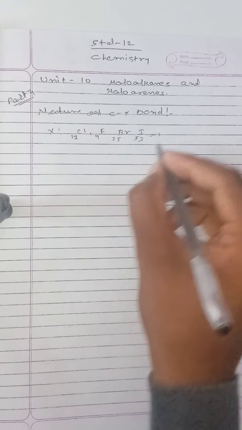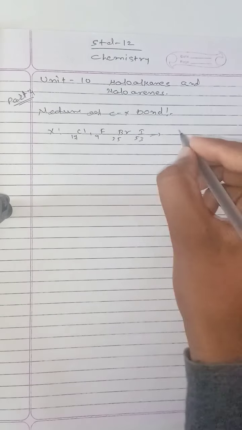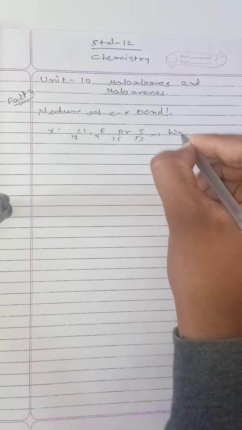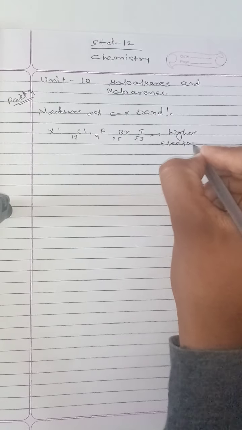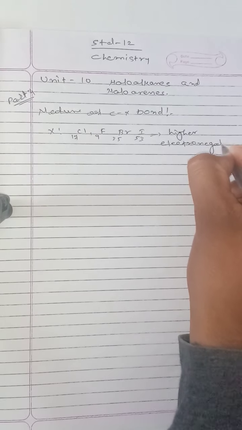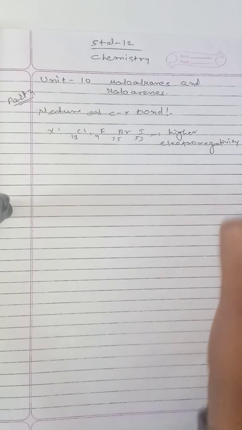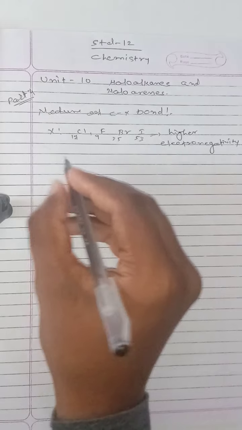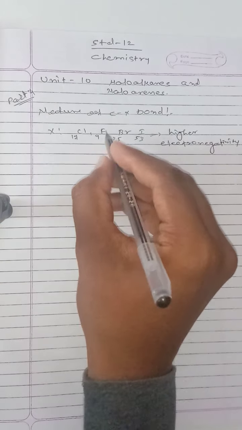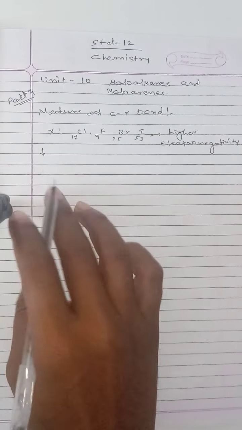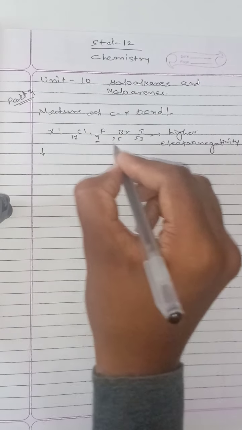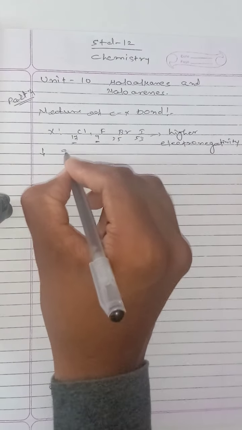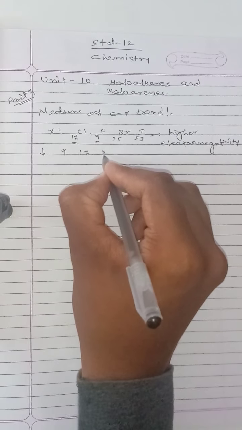Here all the halogen atoms possess higher electronegativity. As we go down in the periodic table, the atomic number will increase.